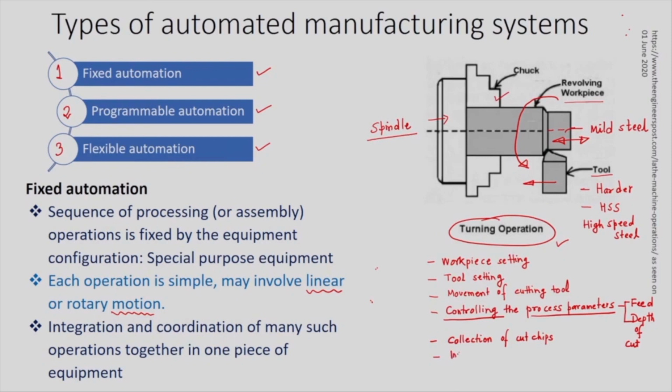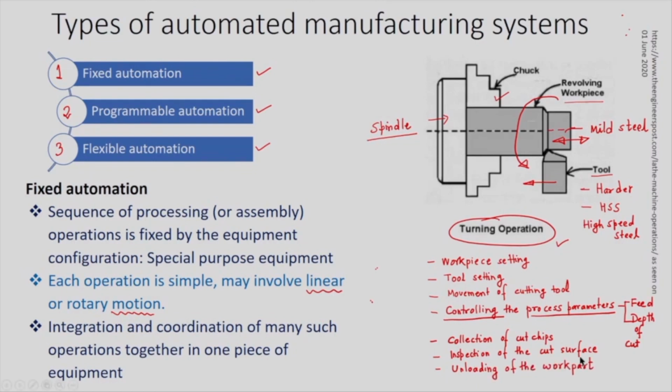Then inspection of the surface. After completion of the operation, we also carry out the removal of the work part from the chuck, that means unloading. So, removal of the work part from the machine, unloading of the work part.